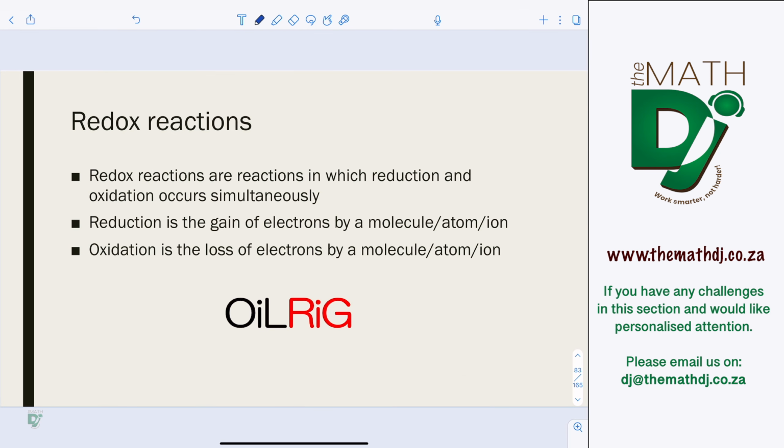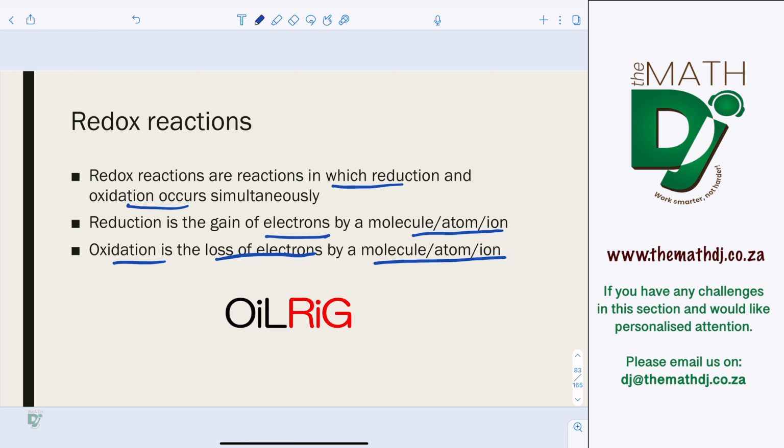Redox reactions are reactions in which reduction and oxidation occur simultaneously. Reduction is the gain of electrons by a molecule, atom or ion. Oxidation is the loss of electrons by a molecule, atom or ion.